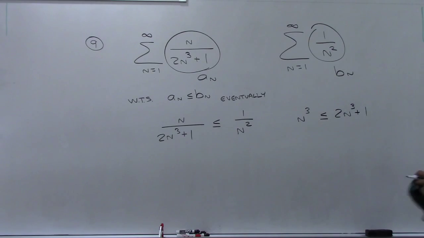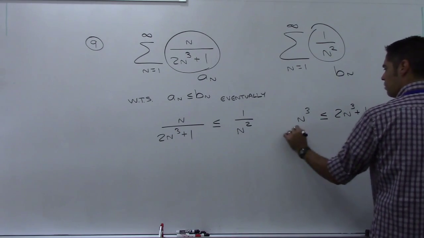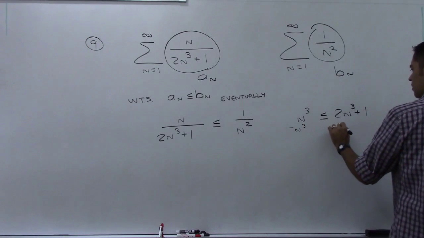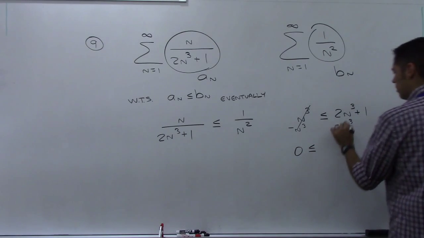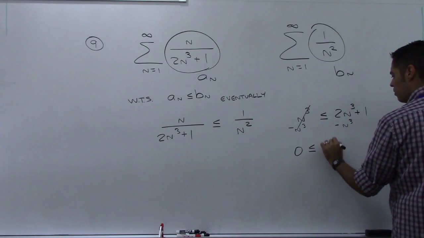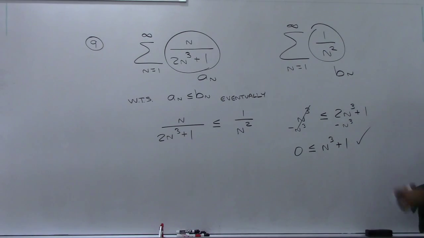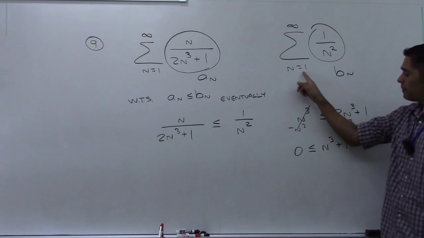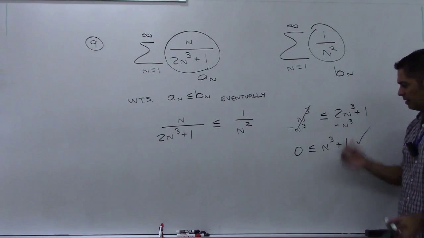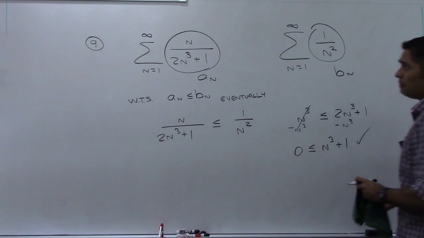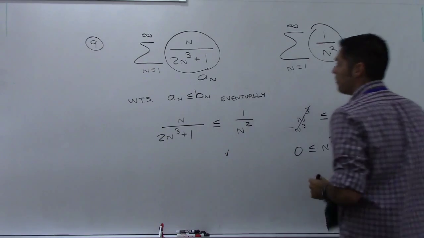So when I compare these, if I subtract n cubed from both sides, I get 0 is less than or equal to 2n cubed minus n cubed, which is n cubed, plus 1. And I believe this is always true because remember, n is going to start at 1. So if n is 1, this is 2. If n is 2, this is 9. And obviously that's always bigger than 0. So my conclusion is that this is true.